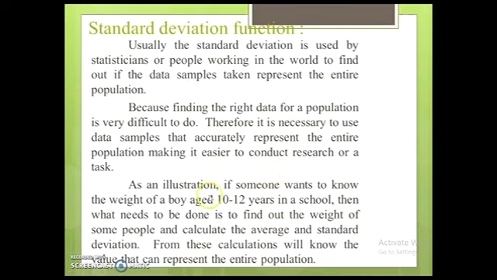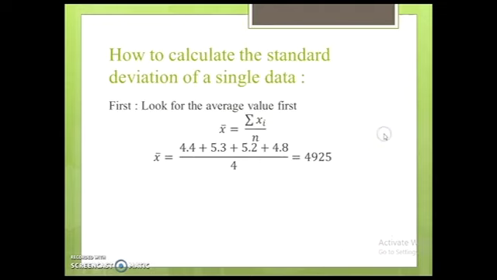An illustration: someone wants to know the weight of boys aged 10 years in a school. What needs to be done is to find out the weight of some of them, and calculate the mean and standard deviation; from this calculation we will know a value that can represent the population of interest.